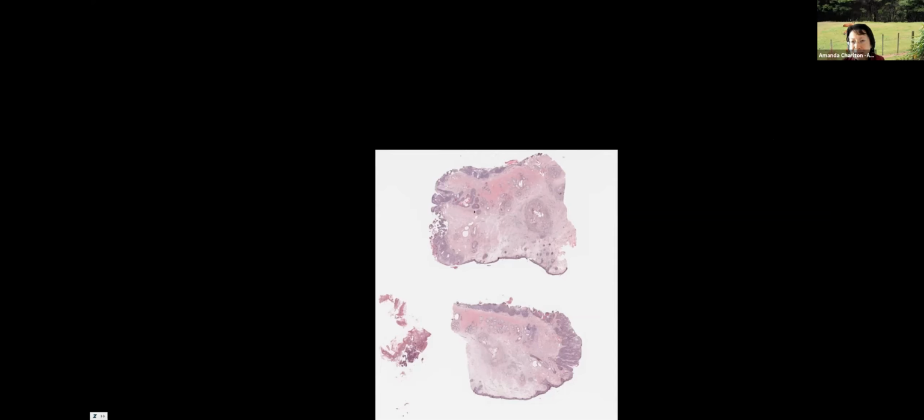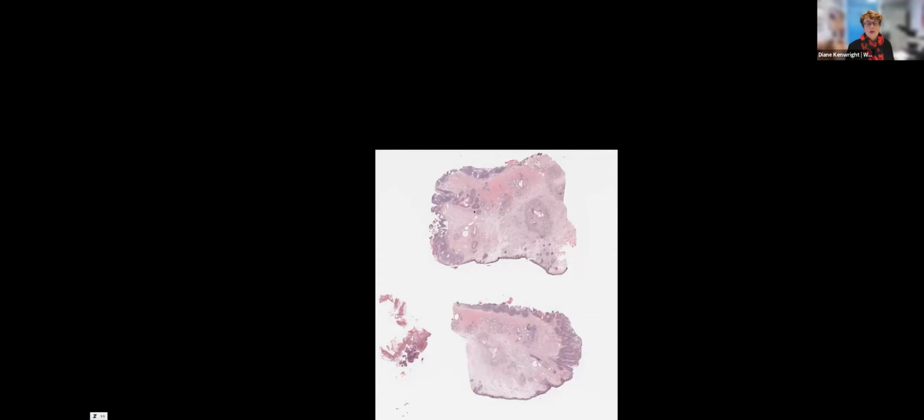Absolutely. So we would do MSI instability testing, which is an immunohistochemistry test, on this slide. And if that doesn't show features of Lynch syndrome, there's no point in going forward for colonoscopy. So we would do prognostic classification to determine if it's syndromic or not. All right, so yes, I would definitely include that.